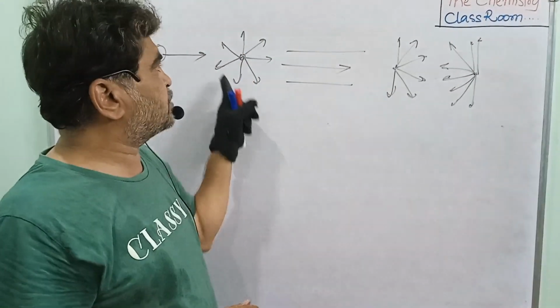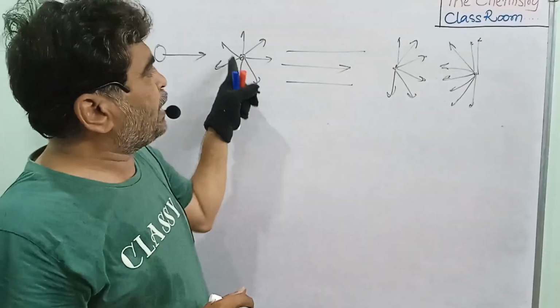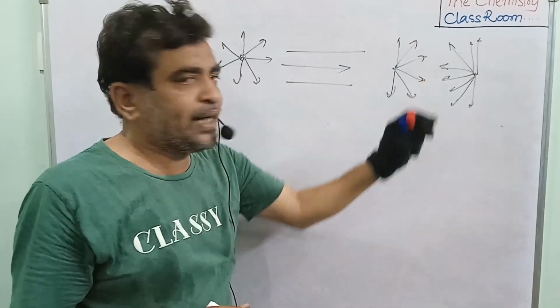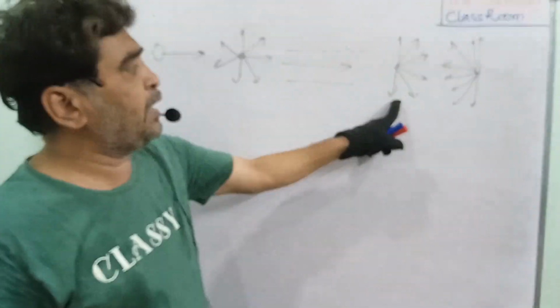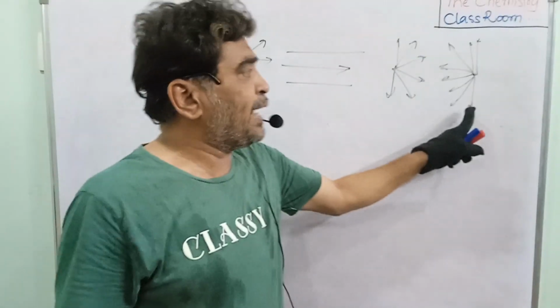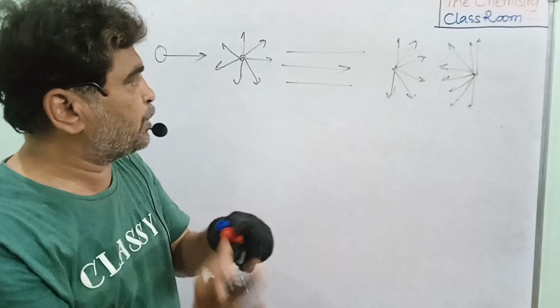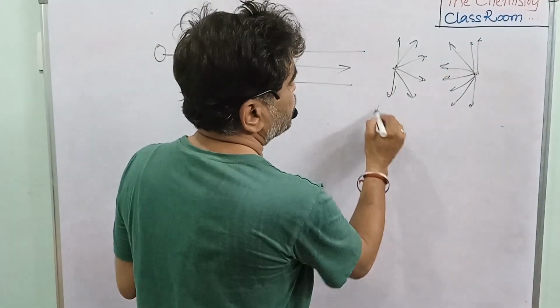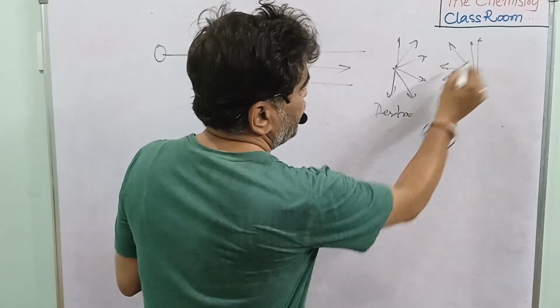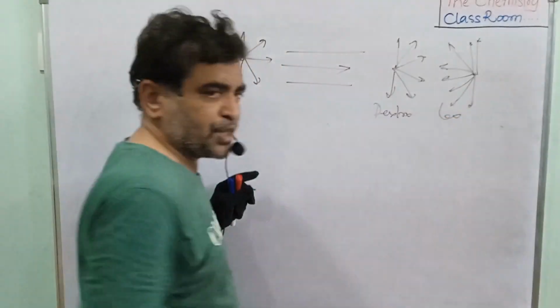The light is totally diverted to one side, either the clockwise side or the anti-clockwise side. If it rotates to the clockwise side, this is called dextro rotation. If it is anti-clockwise, that is levo rotation.